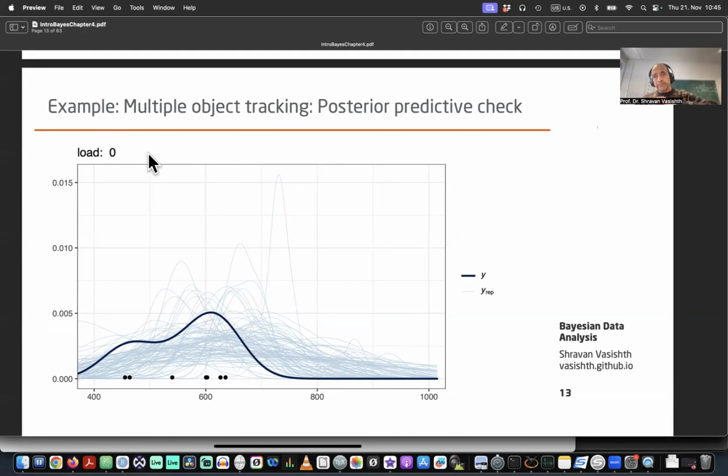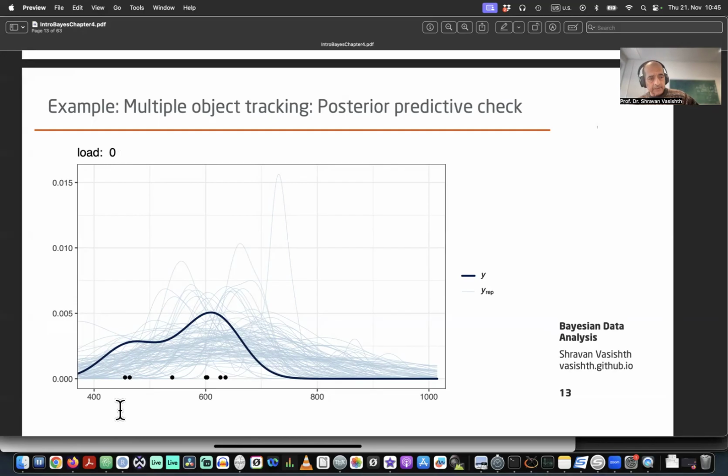You can plug the equivalent value into the linear model for load equal to 0, or for load equal to 1. You would have to plug in the equivalent centered load value into the linear model to get the value for any particular load level.